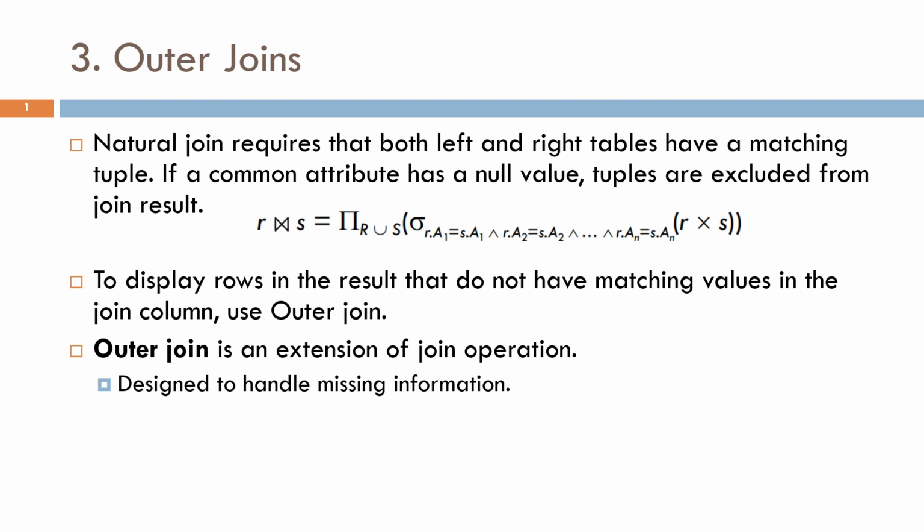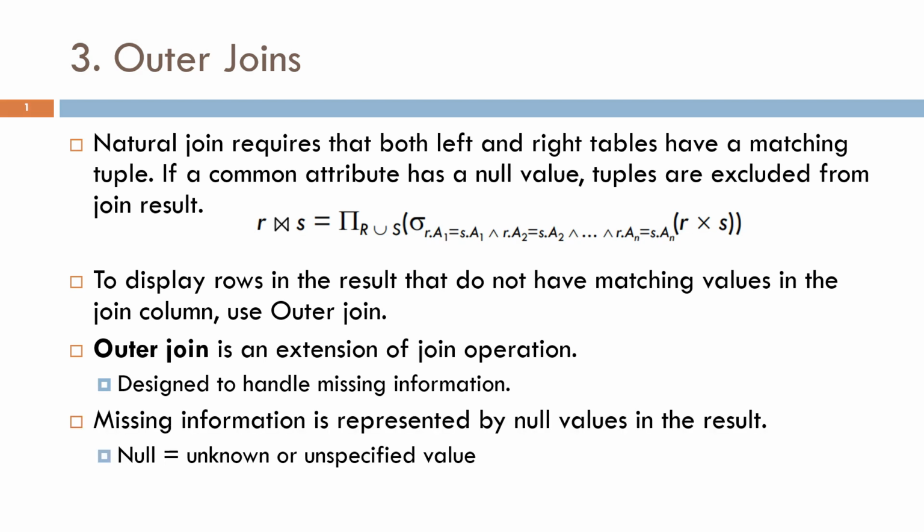When there's missing information, it's represented by null values in the result. Null values in the database mean unknown or unspecified value. It doesn't mean zero. Outer joins ensure that even when there is missing data, we can still include relevant rows in our query results.